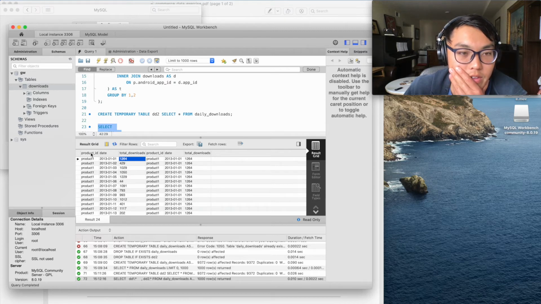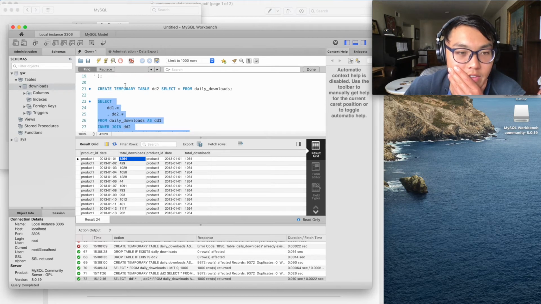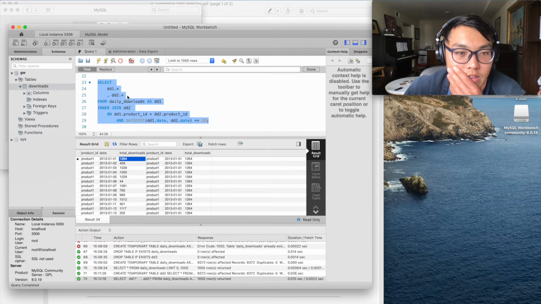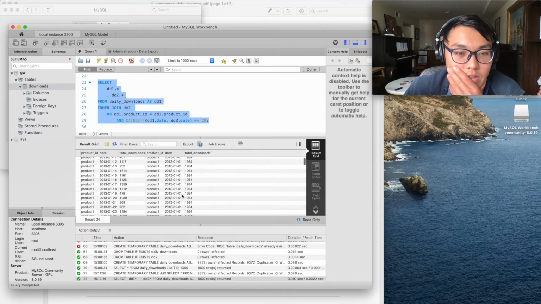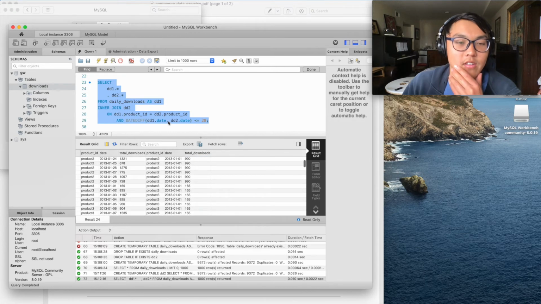This is the first value, and this is the second value. For this date, for that date, 26. Okay, so this isn't a great picture.